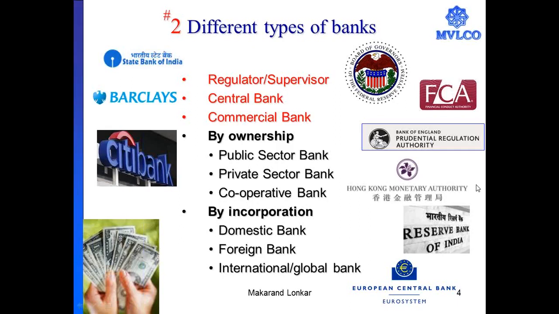So we do not have a single regulator, but we have a body called the Bank for International Settlements, popularly known as the Basel Committee on Banking Supervision. So BCBS plays the role of a guide to the regulating authority, and those rules or regulations are implemented across the globe. Now in this case, the World Bank doesn't play a role.